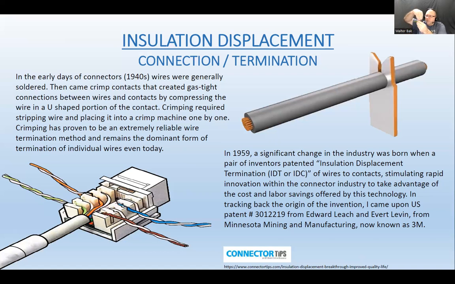That connector bites into the insulation and makes a connection with the copper wiring. If you have a solid wire, you're going to use certain types of jacks that are designed for solid wire when you crimp those jacks.